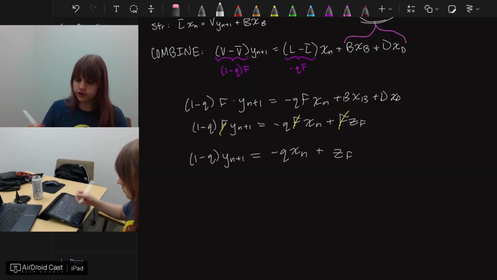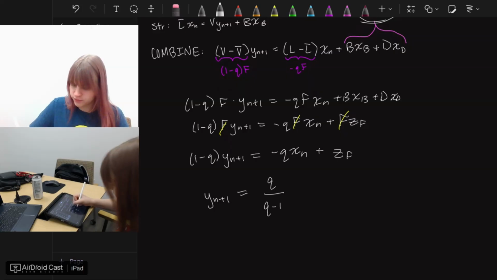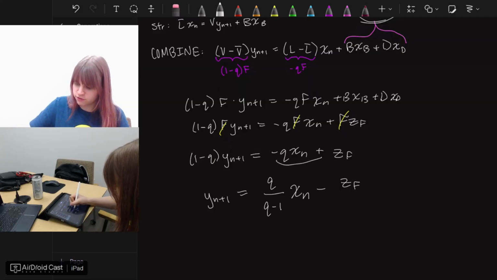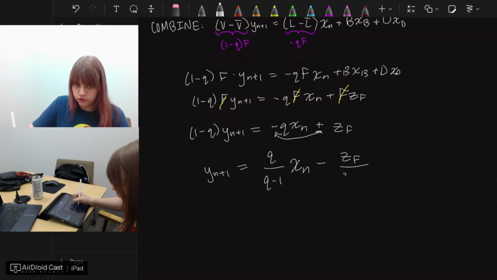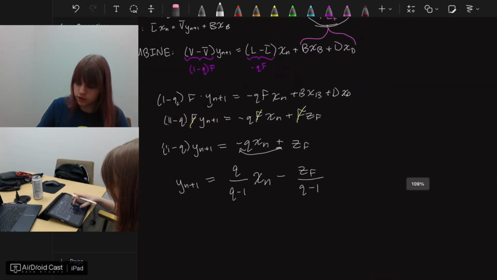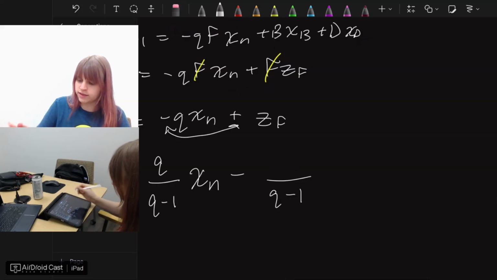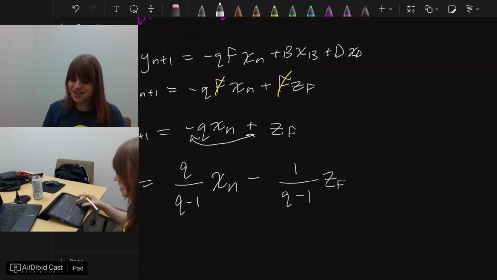And again, solving for Yn+1, we would get Q divided by Q minus 1 times Xn minus ZF, just because of those plus and minuses, divided by Q minus 1. To keep it more consistent, I'm going to write that as 1 over Q minus 1 times ZF, but obviously that's the same thing.